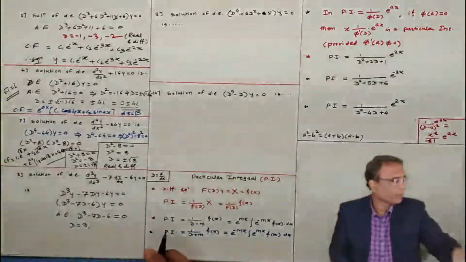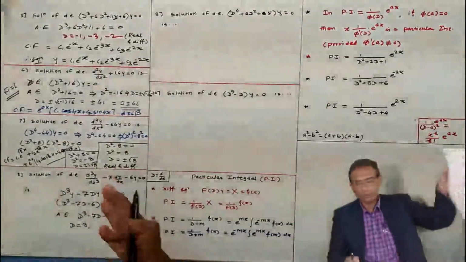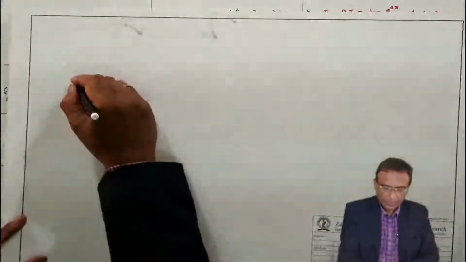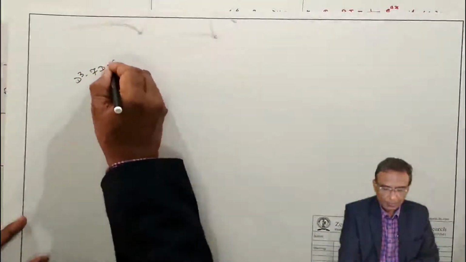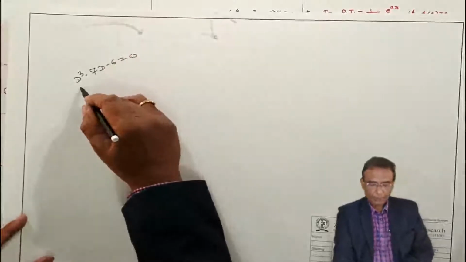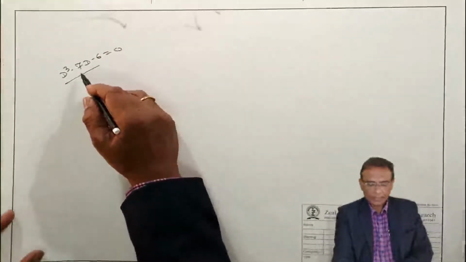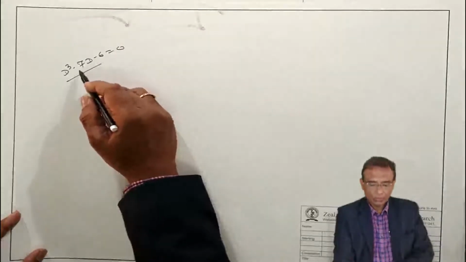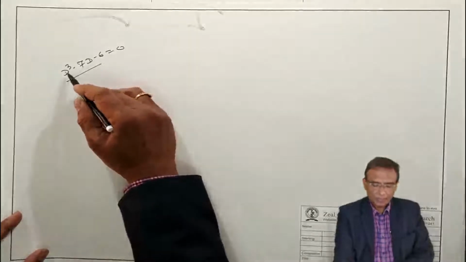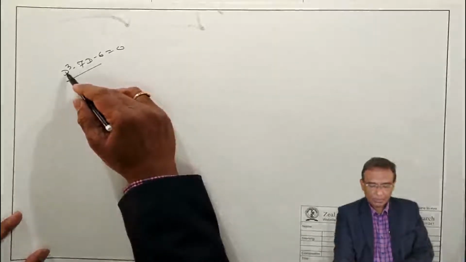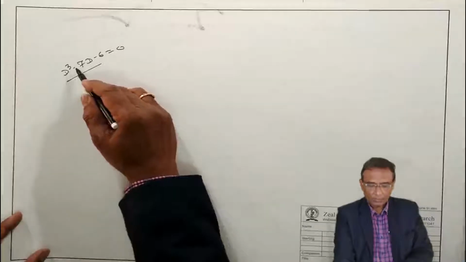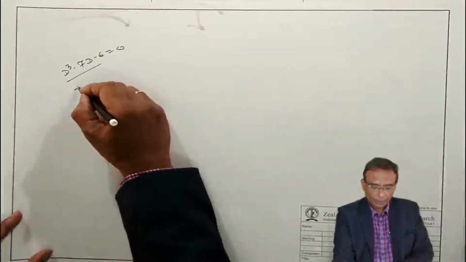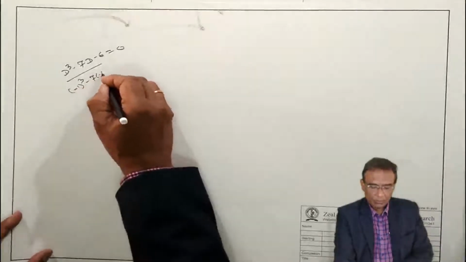So I am going to write here, better to show you in short. D cube minus 7D minus 6 equal to 0. Now here I am using the synthetic division method and finding the first root, meaning the first value of D. It is very clear that if you put D equal to minus 1, what will happen here?